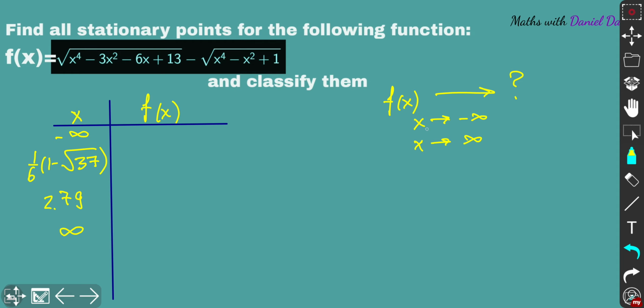You can plug in very big numbers and see what's happening with f(x). There definitely should be some asymptotic behavior, or if it's not asymptotic, you definitely understand that it will go to infinitely big numbers or infinitely big negative numbers.